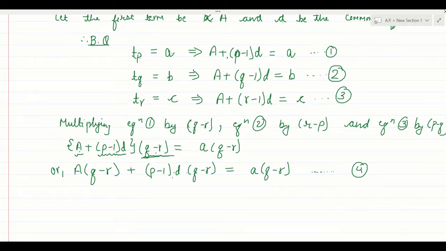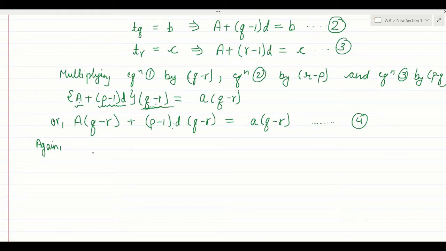Okay. Now it is A plus Q minus 1 and then D, bracket closes, multiplied by R minus P. Similarly, the right hand side, which is B, is also multiplied by R minus P. Is this clear?